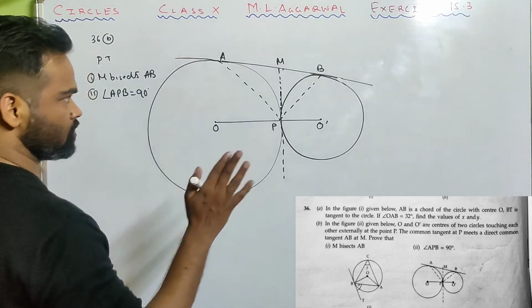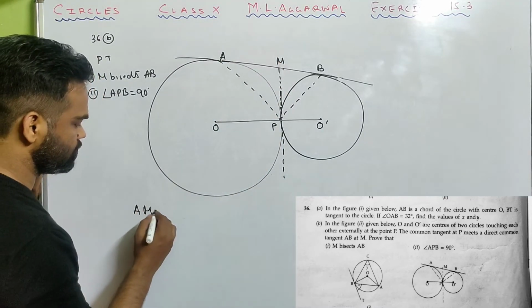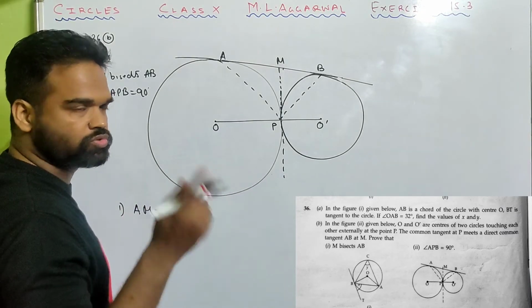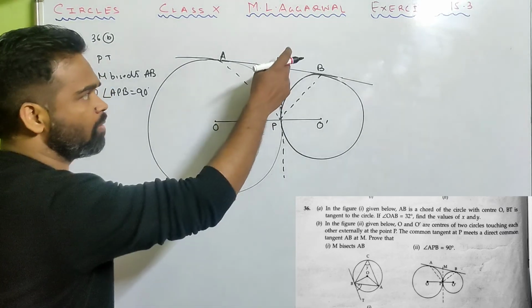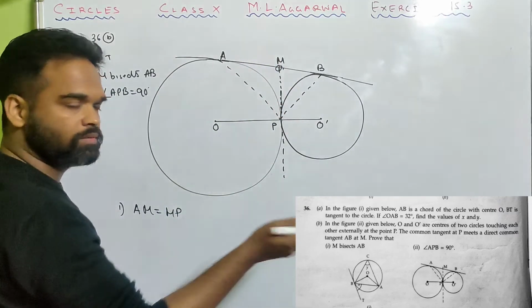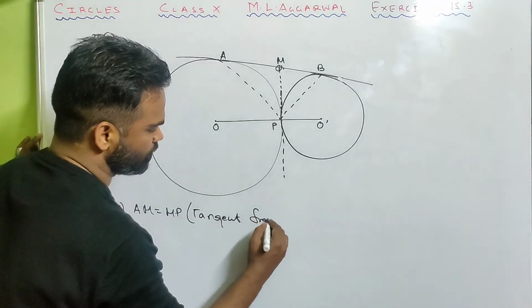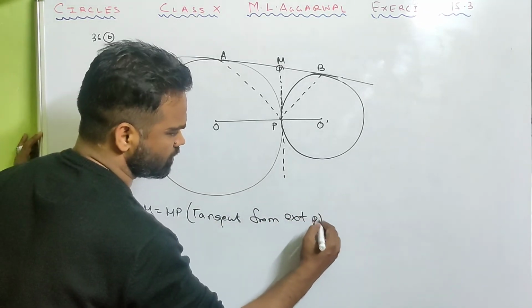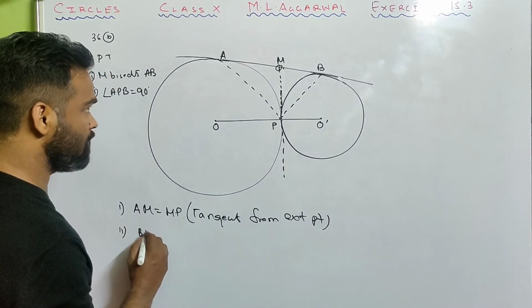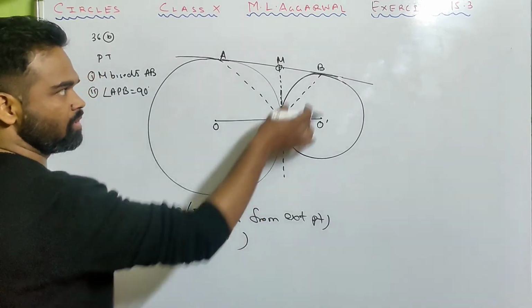Very easy. Just look over here. AM equals MP. Yes or no? Because AM and MP are tangents to the bigger circle from an external point M. So AM and MP will be equal. Tangents from an external point are equal. Similarly, BM will be equal to MP, again same reason.